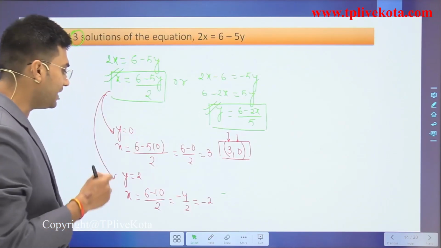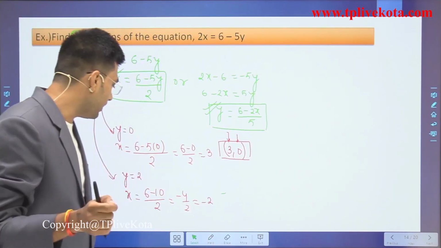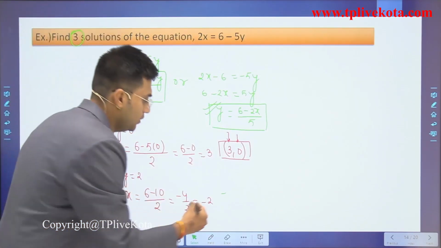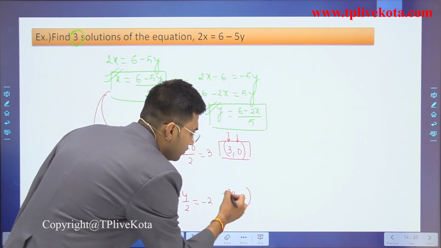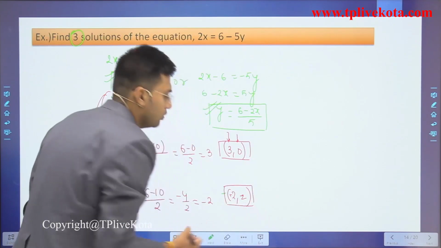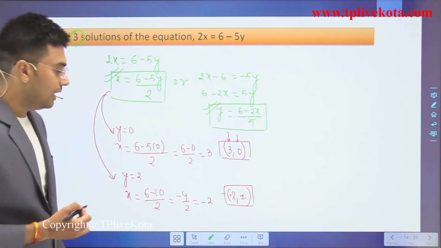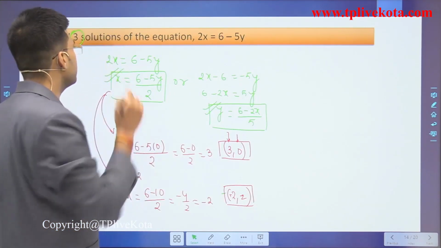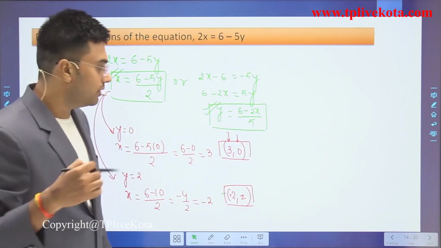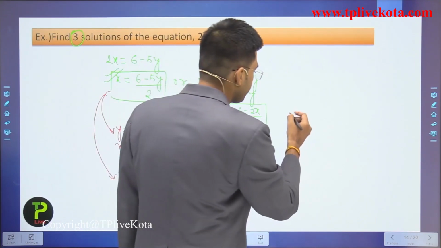So here x is equal to minus 2 and y is equal to 2. So (minus 2, 2) is a solution of this equation. Now we have two solutions of this equation, and we have to find three solutions. So let's find one more solution.